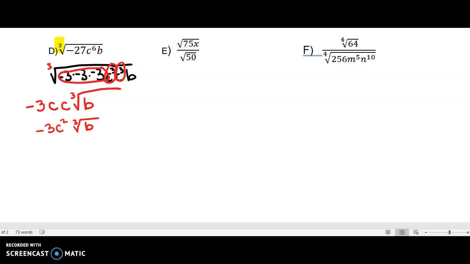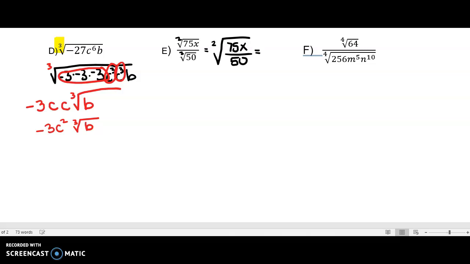Okay, for E, what's our index? It's not there, but we know it's a 2. We can use our little trick from earlier, the root of a quotient, to write this as the square root of 75x over 50 in one big radical.